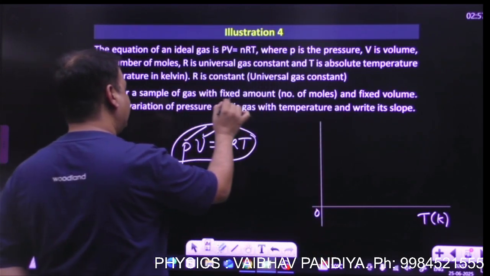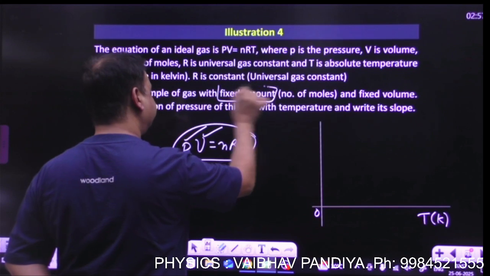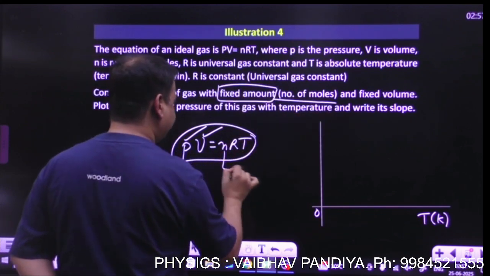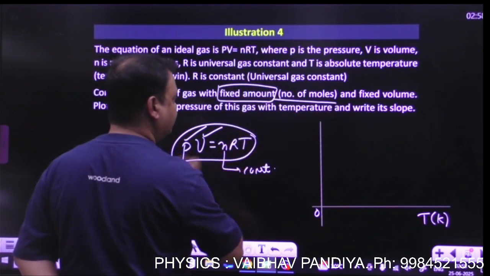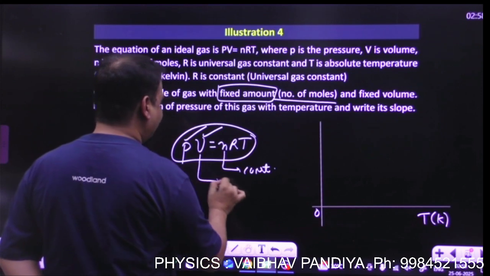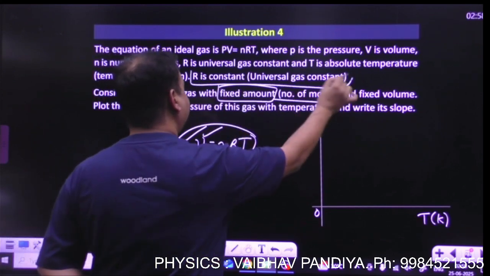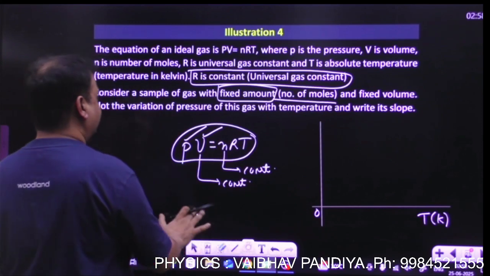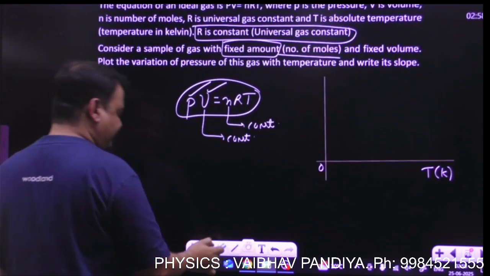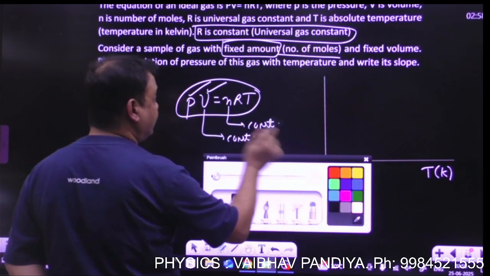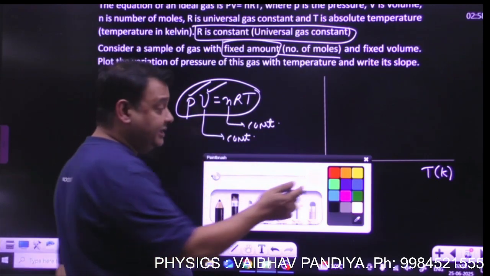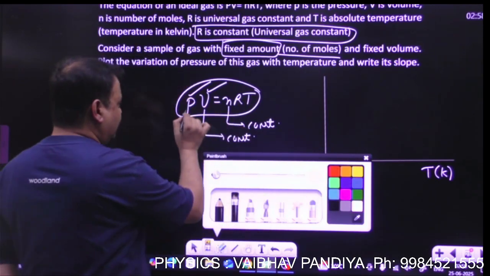So consider a sample of gas with fixed amount, number of moles. That is, n is constant, this we can't change. And fixed volume, volume is also constant, we can't change. And R is already a constant which is called the universal gas constant. And you have to plot the various pressure of the gas with the temperature. Now see how we are applying the concept of a straight line graph.